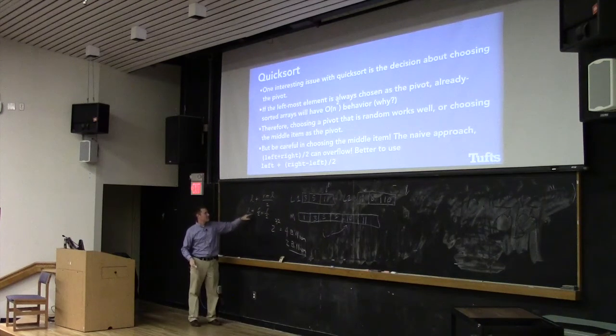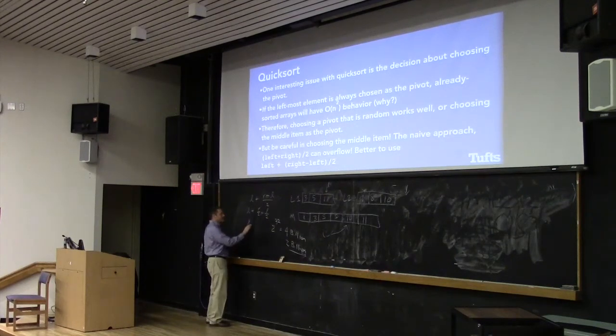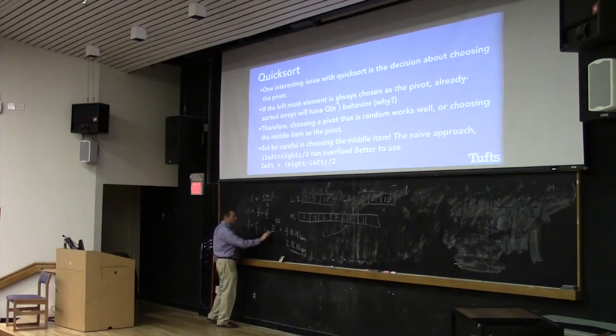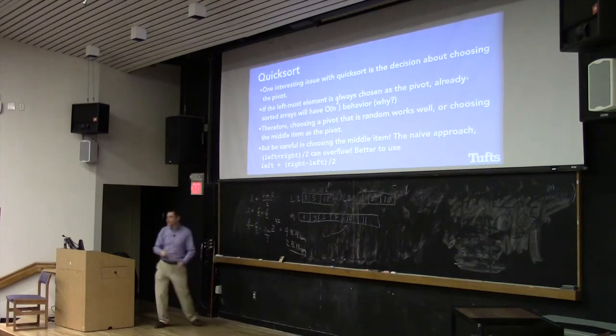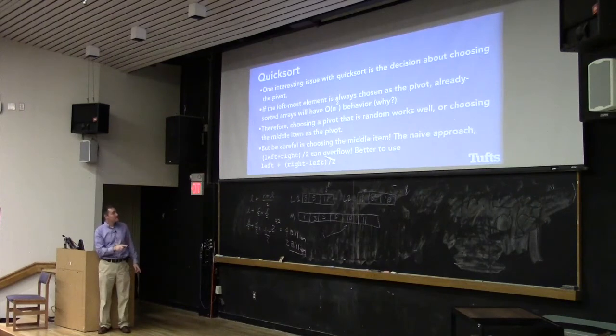Then left plus right divided by 2 minus left divided by 2 is left divided by 2 plus right divided by 2, which is the same as left plus right divided by 2. So those two things are the same, but this one will not overflow. Because if right is bigger than left, you cannot get these two numbers to overflow. It's impossible. All of that is to say, if you're going to choose the pivot in the middle, use this instead of this.